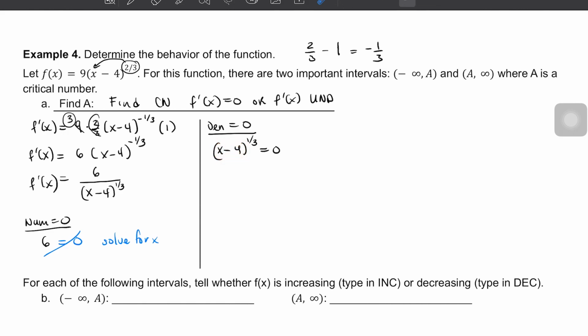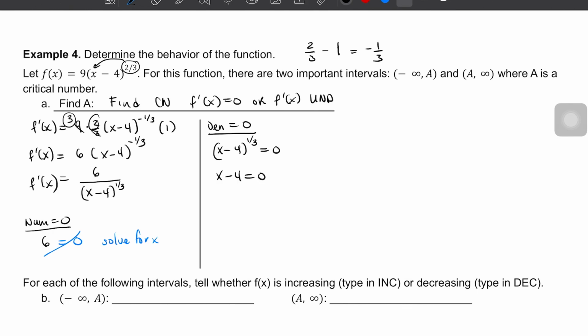Because you cannot have, like, a negative 0.5 times negative and raised to the 1/3 to give you 0. The only way this is going to be 0 is whenever this is equal to 0. So 0 to the 1/3 is going to give you 0. Another way you can think about it is just do the third power on both sides of the equation. Take the third power. That way we cancel the two powers, and now you have x minus 4 equal to 0.